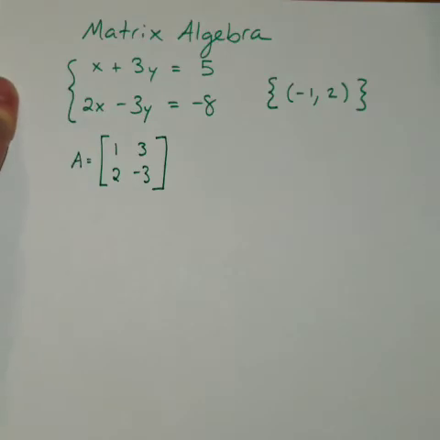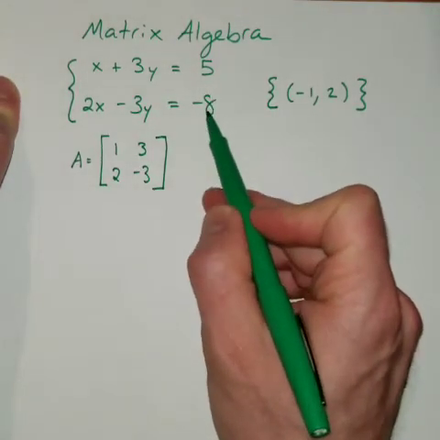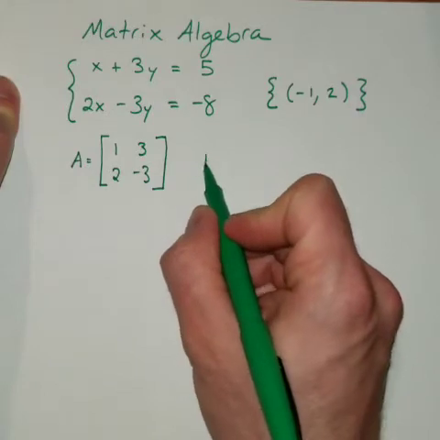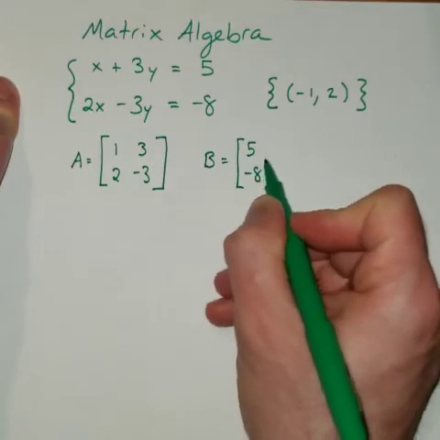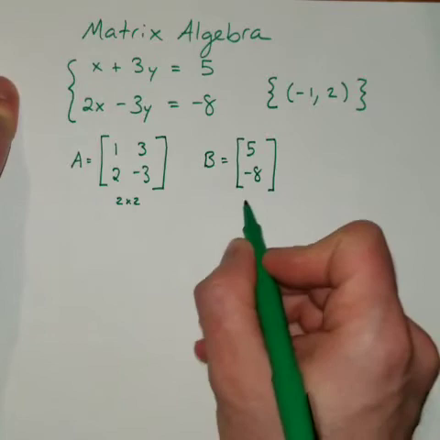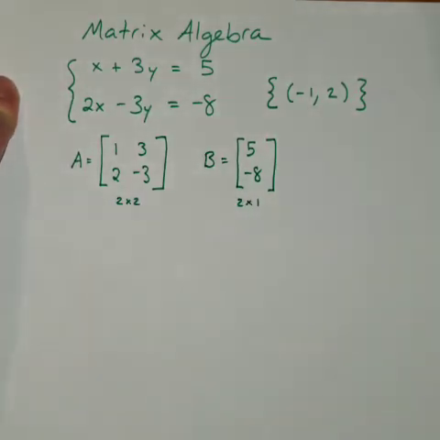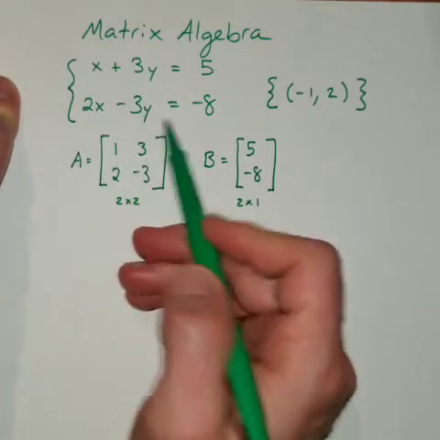There's another matrix, it's what we call a column matrix on the right hand side here with the 5 and the -8. We're going to call that one matrix B, and it's just the 5 and the -8. So far I have a 2 by 2 matrix, and here I have a 2 by 1, 2 rows, 1 column. There is one other matrix hidden in here, and you may not be able to tell where it is or what it is, but it's a matrix that contains the 2 variables, x and y.